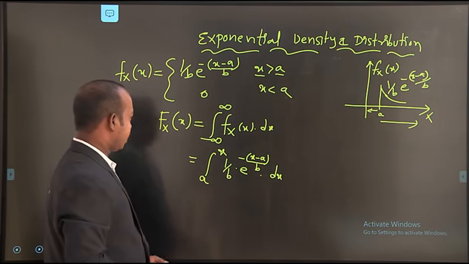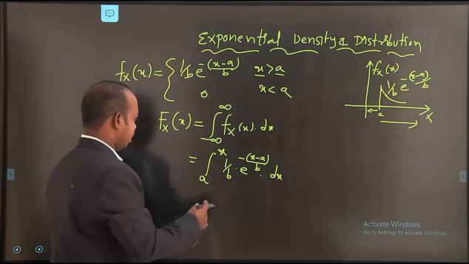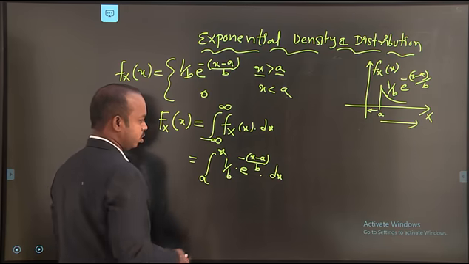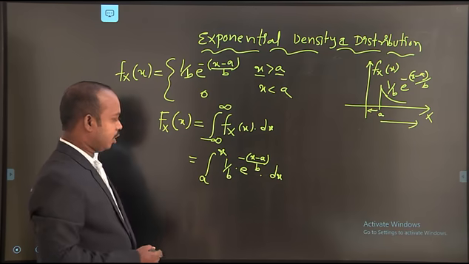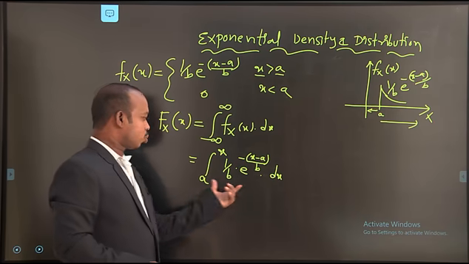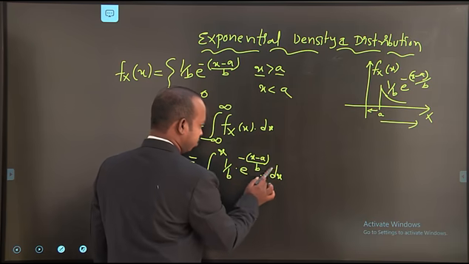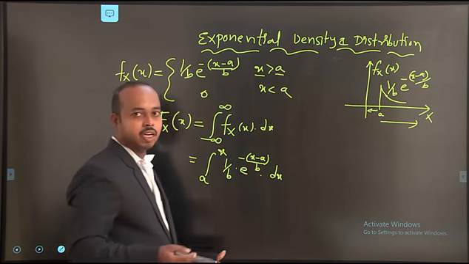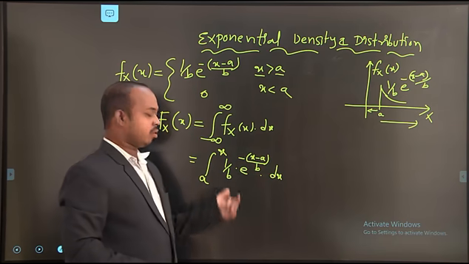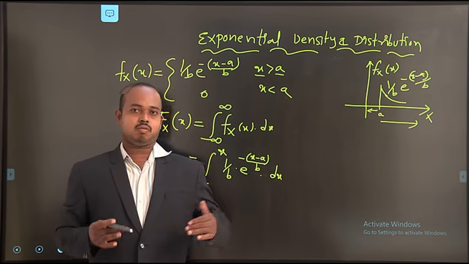Now let us see how to obtain the probability distribution function. Here b is a constant, so I write it outside the integration. Before that, we can simplify this. We are not directly applying the integration to the exponential term, because the calculation is complex.